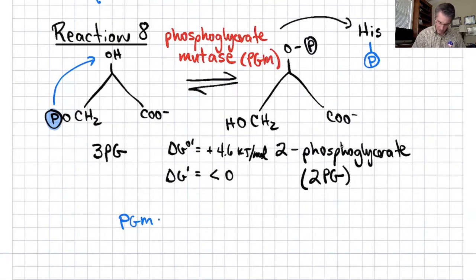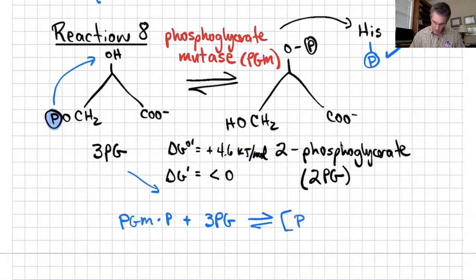So you have to have PGM that has that phosphohistidine already formed, right? Then you bring in 3PG, your substrate here. And in the active site of the enzyme, transiently is formed this PGM-bound 2,3-bisphosphoglycerate, right?